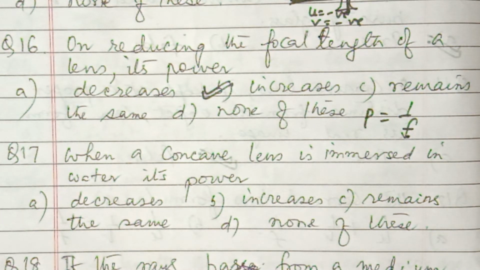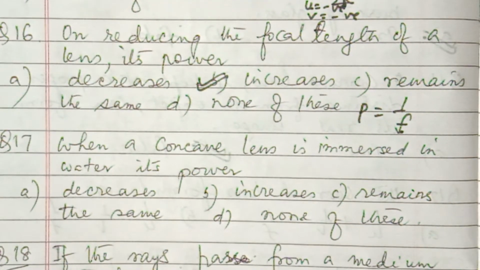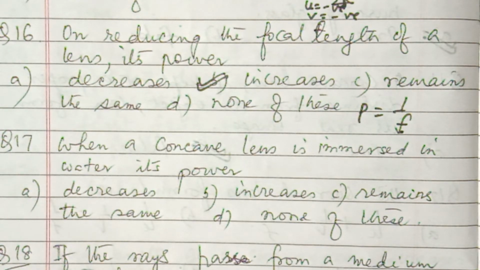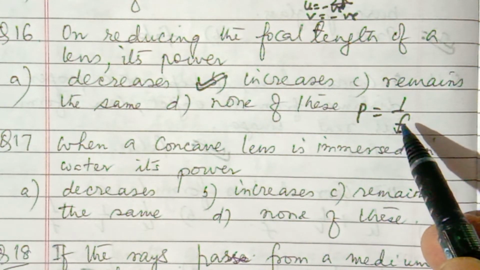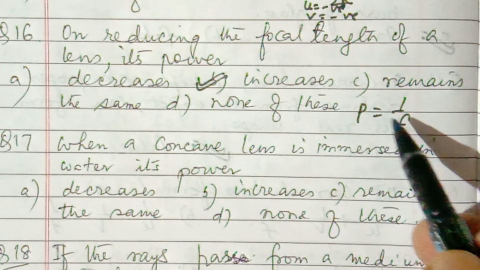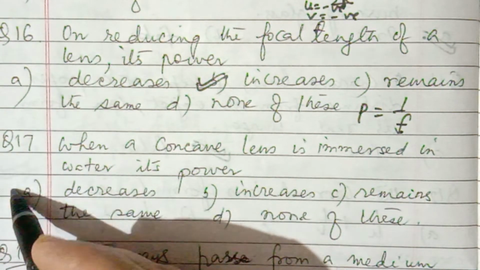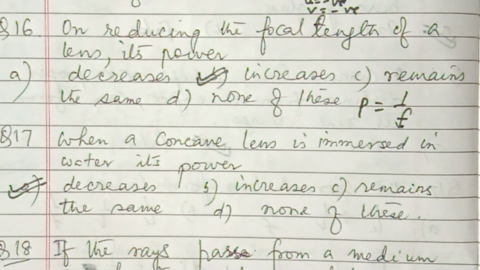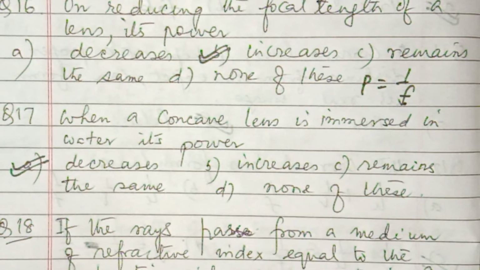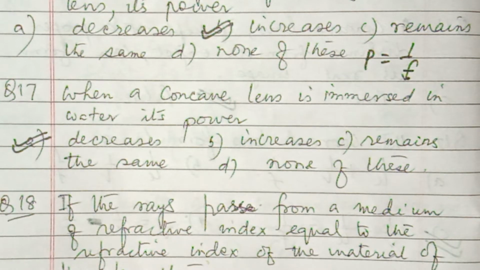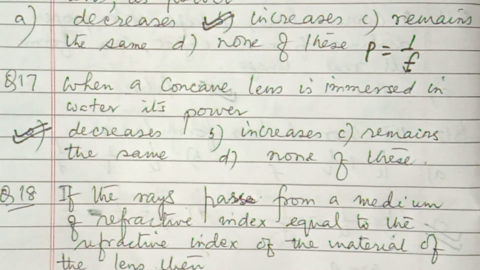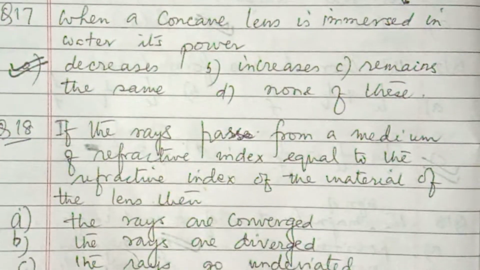What we have seen in the previous questions is that when a lens is immersed in water, the focal length increases, and as the focal length increases, power will decrease. So the first option is correct. Power will decrease because focal length is increasing, the bending is decreasing.